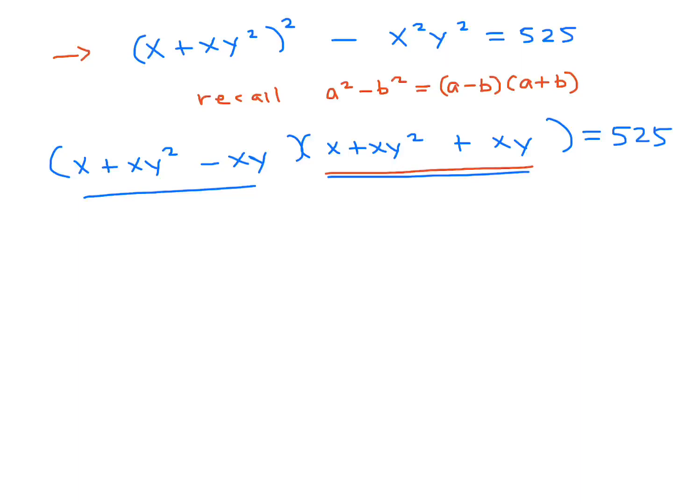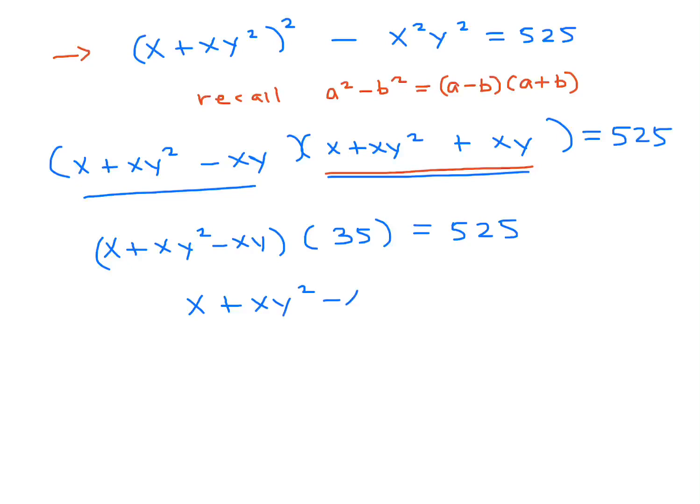That is 35. So we can just substitute that in. We get x plus xy squared minus xy, and this is 35, like that. All equals 525. So then we solve for our only remaining x and y equation. 525 divided by 35, which is 15.